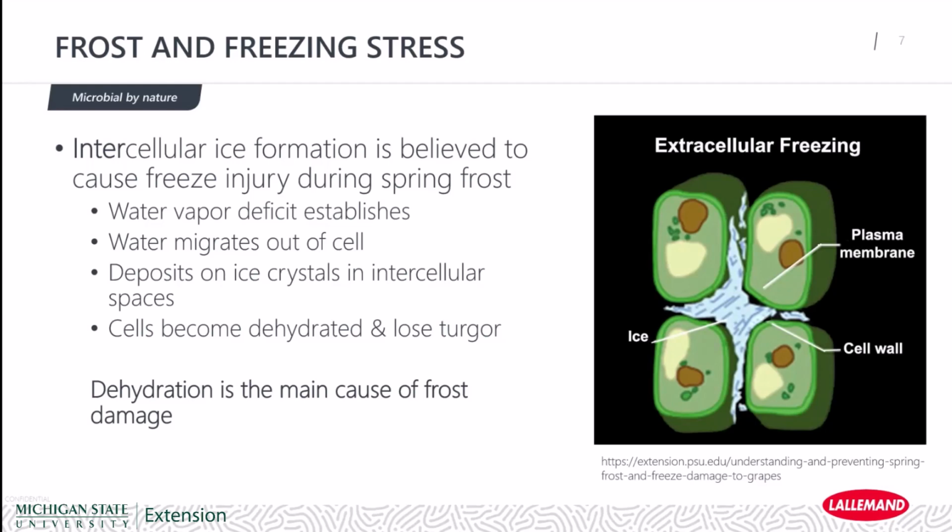As soon as the water is moving out of your cell, we now have a deficit of water within the cell, and it allows water to deposit on the ice crystals that are between your cells or in the intercellular space. Because we have water moving out of our cells, the cells are becoming dehydrated.